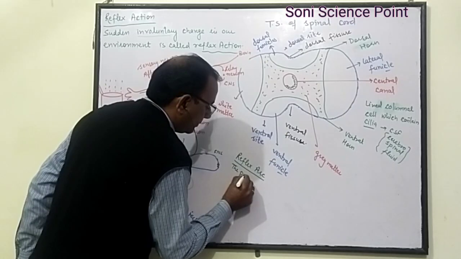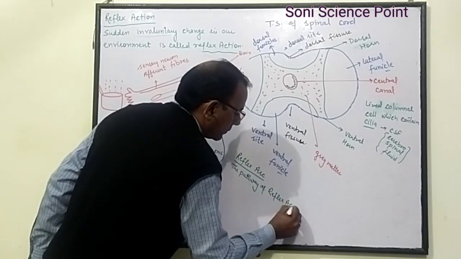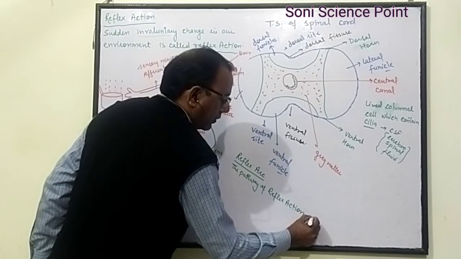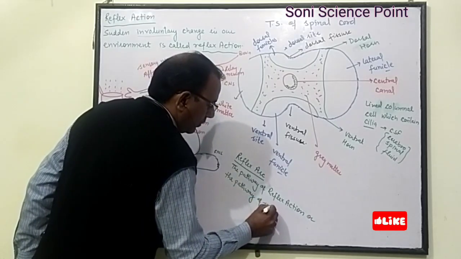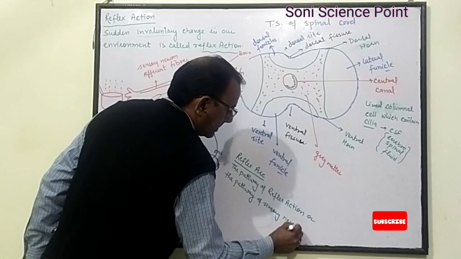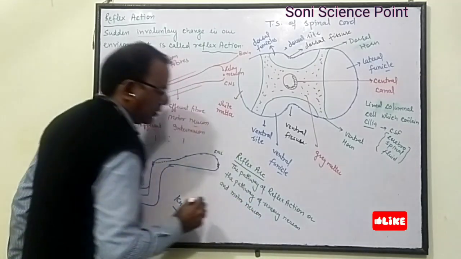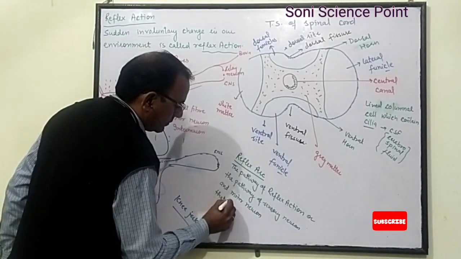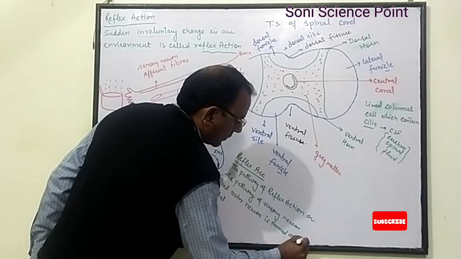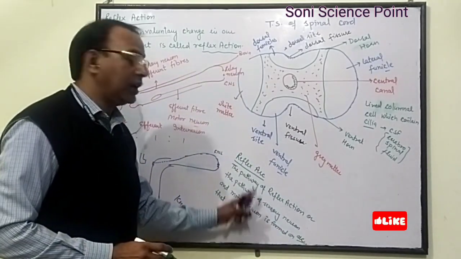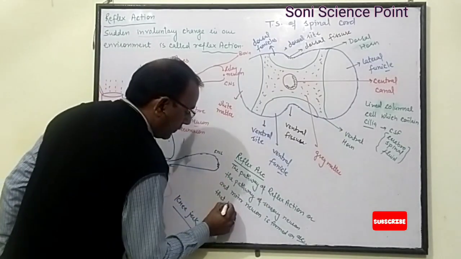The pathway of reflex action, or the pathway of sensory neuron and motor neuron, forms an arc, because this pathway happens due to the reflex action, and the arc which is formed due to the reflex action is called the reflex arc.